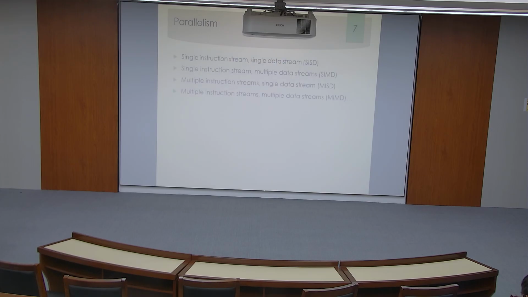So we have this parallelism architecture which includes single instruction, single data. That means that this instruction only needs one data stream to be completed. That's why we have one-to-one.